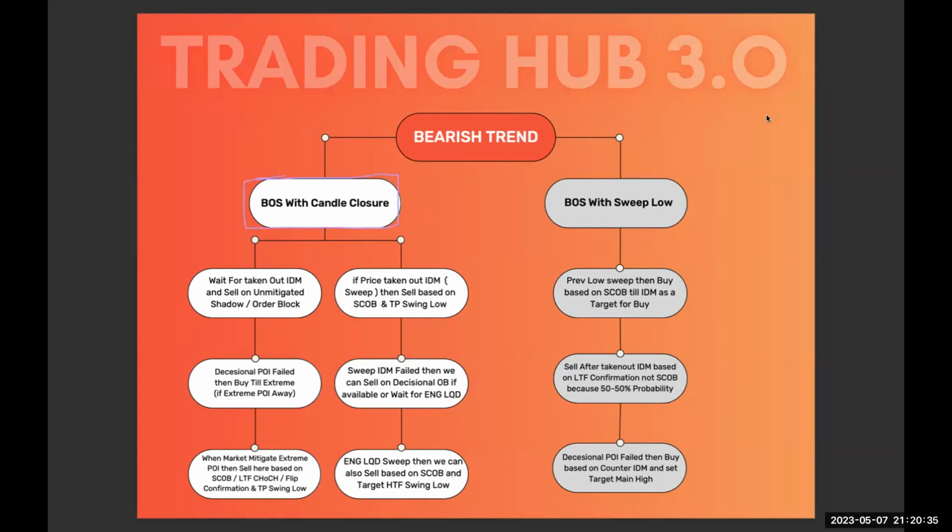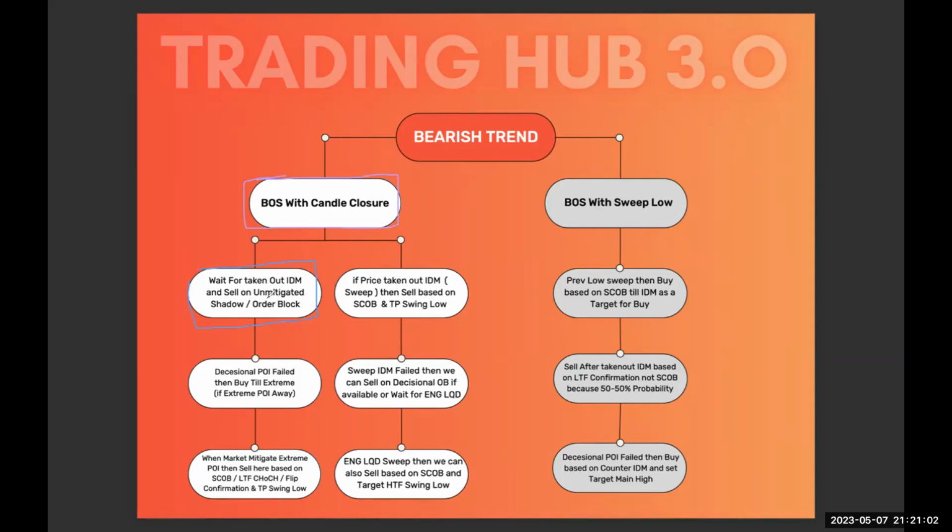So in this case, you can also apply a similar thing. If candle closure, then you have to wait in two scenarios. First one, taken out the inducement with the candle closure, mitigate your order block, and second one is a sweep of your inducement, right? So here, taken out the inducement and sell unmitigated order block, shadow, everything, right?